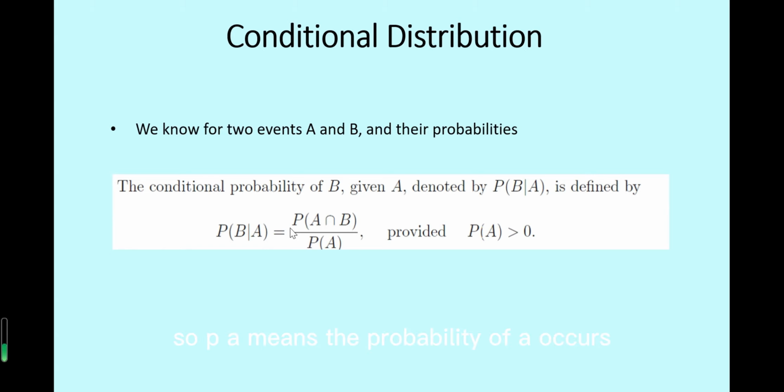P(A) means the probability that A occurs, and P(A intersect B) means the probability that both A and B events occur.